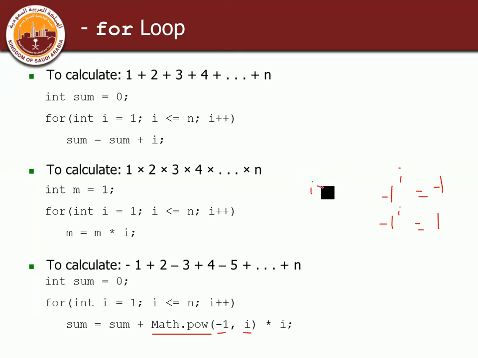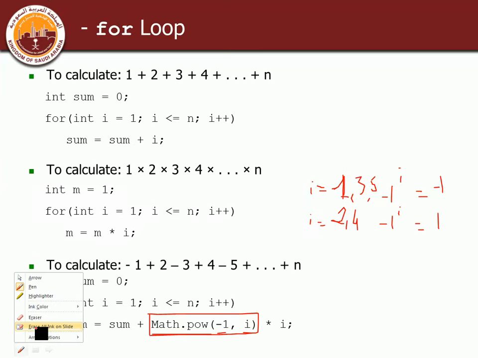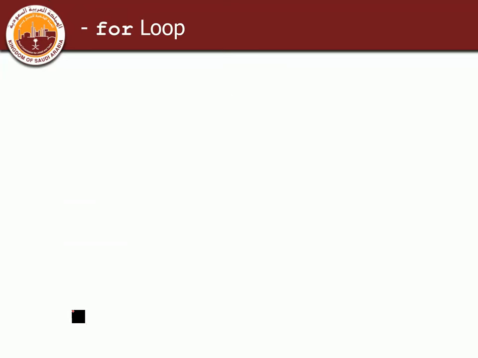If i is equal to 3, I'm going to have the same thing as with 1. i is equal to 4, 5, and so on. So this is going to give me either 1 or -1, and then I multiply this 1 or -1 by the number here, so I can have -1 plus 2, -3 plus 4, and so on. Well, anyway, this is just another way to do some loops.